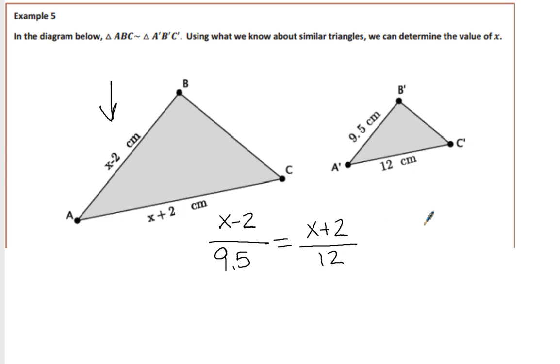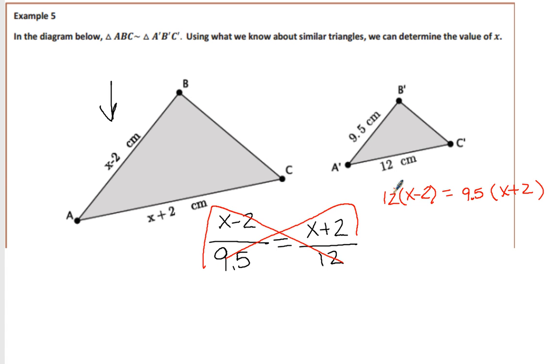And now we're just doing exactly what we've been doing. So let's go ahead and set up bow tie. We need to do 12 times the quantity, x plus 2, so 12, and then x plus 2, minus 2 in parentheses. And that's going to equal, go the other way, 9.5 times x plus 2.